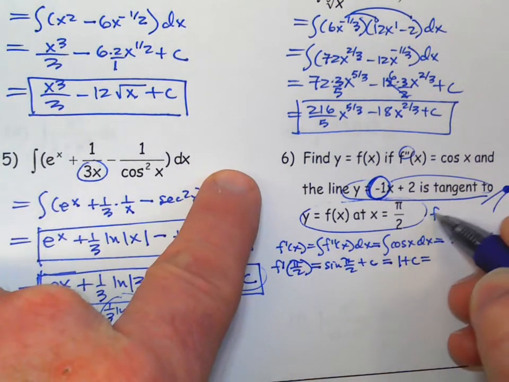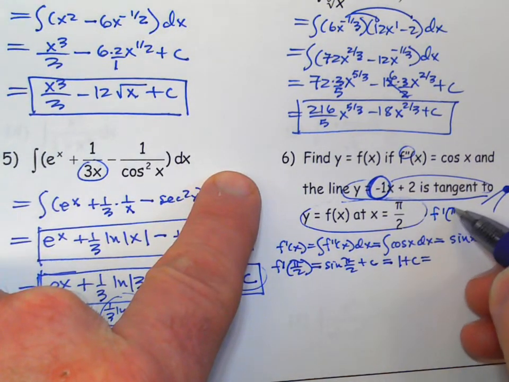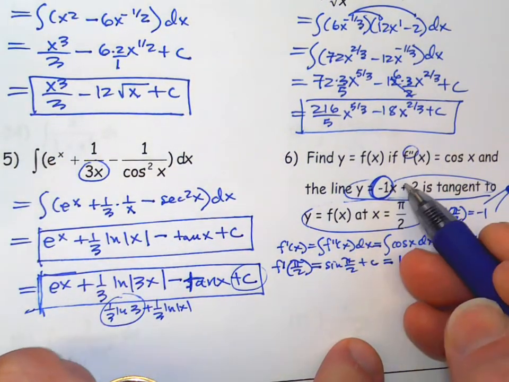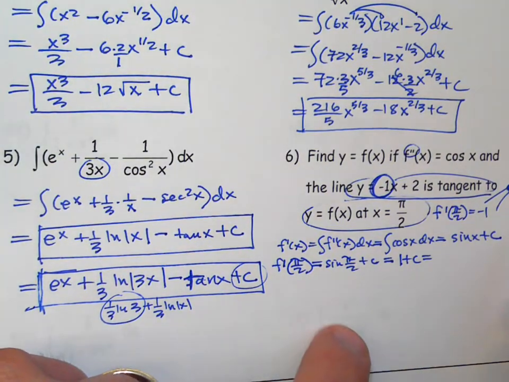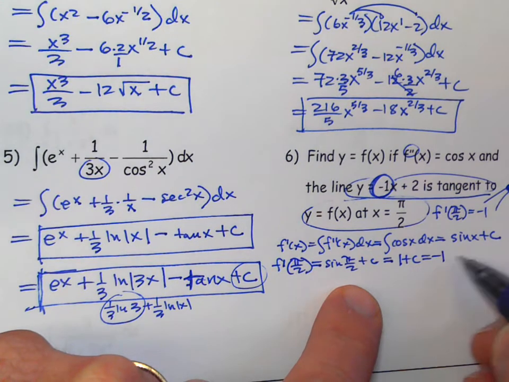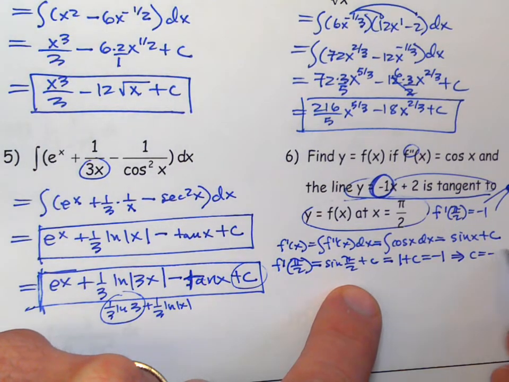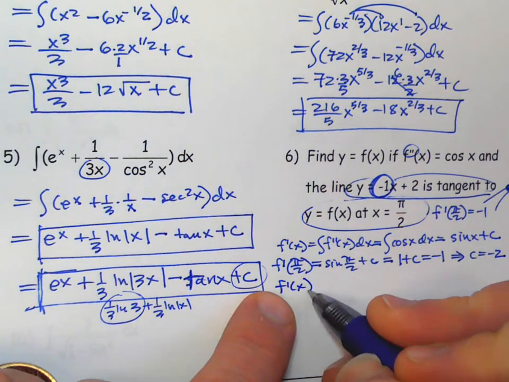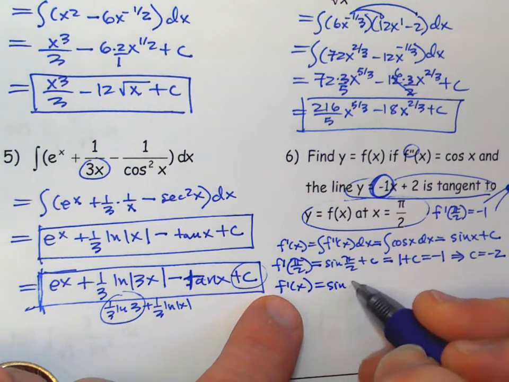So f prime at pi over 2 should be -1. That's the slope of that line. You can take derivative of this if you want to find it, but it's -1. So that's going to give you a c value of -2. So then we're going to rewrite f prime of x equals sine of x minus 2.